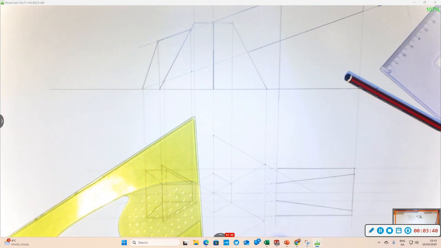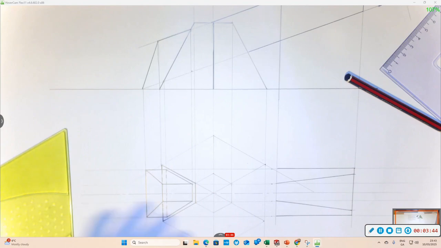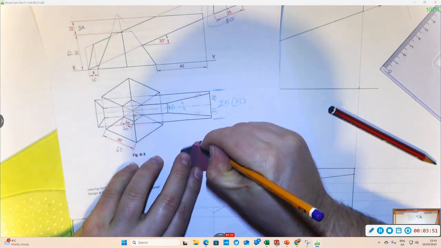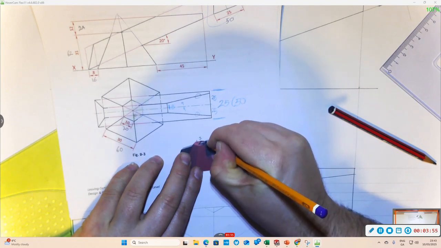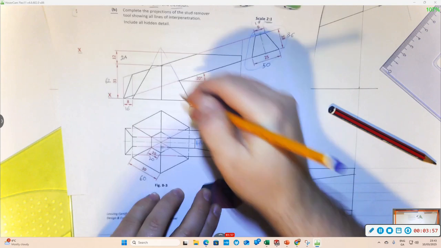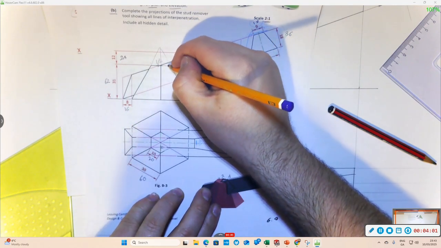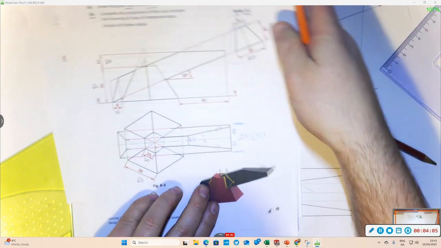Now, let's just focus with 4 points here on the top. So 1, 2, 3, 4. Now, 1 and 2, and 3 and 4 is somewhere along here, but difficult to find out there.